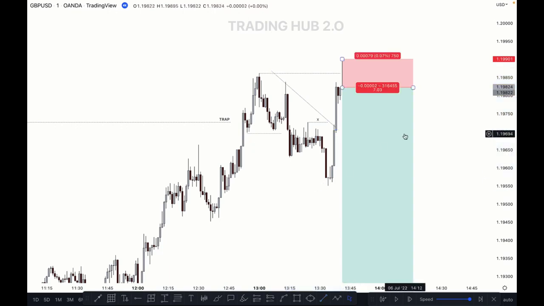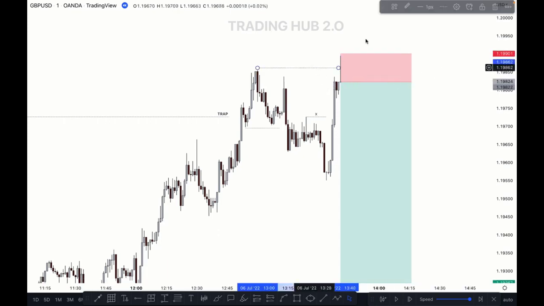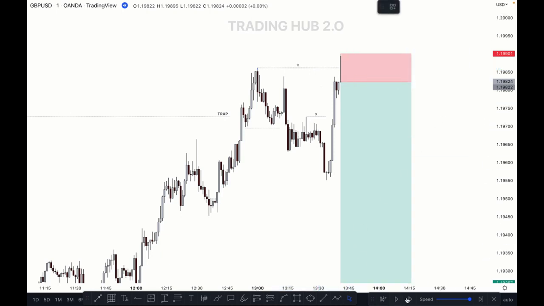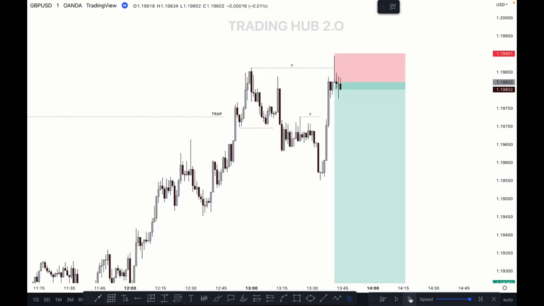So this is liquidity, and this inducement is taken out, and the main thing is the market took out the major high and closed below it. If price closes above it, then we can see some continuation upside to mitigate the M15 supply zone. Correct. So this is our first entry, the market swept this high, and let's see what happened next.